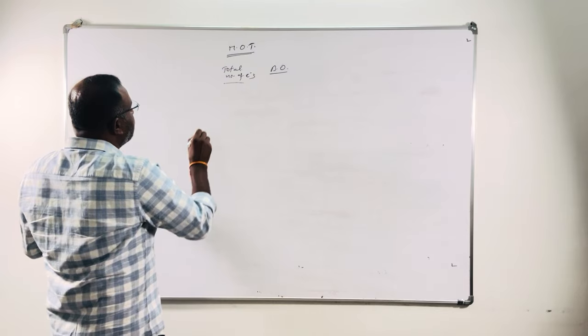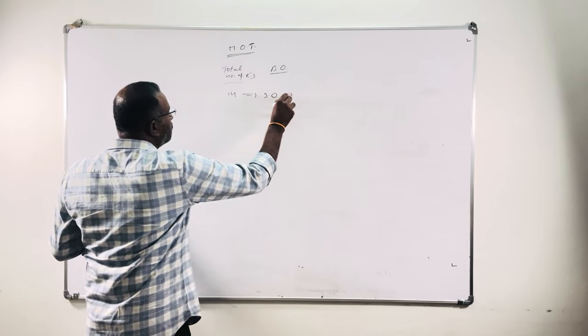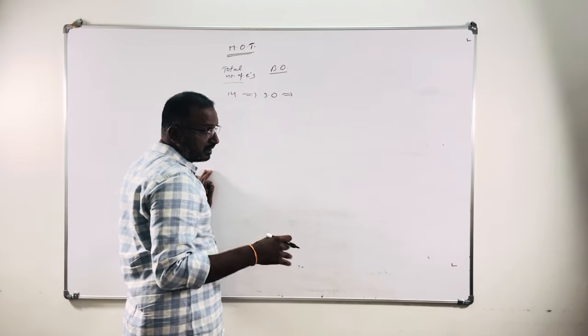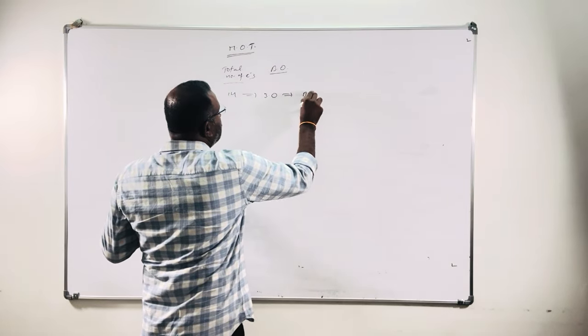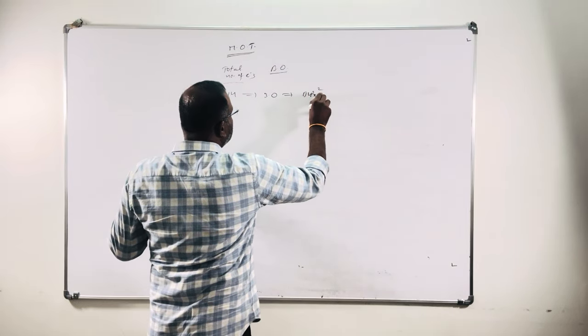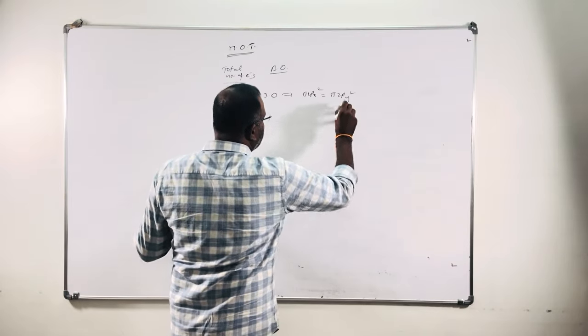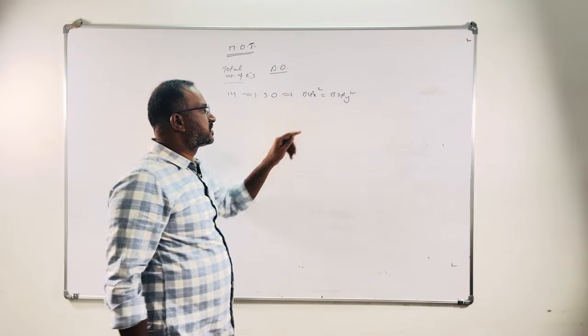Now, if total electrons are 14, bond order is 3.0, and the last configuration only I am writing, that is after that pi 2px2 equal to pi 2py2 will be there. So 8 plus 2, 10 plus 2.